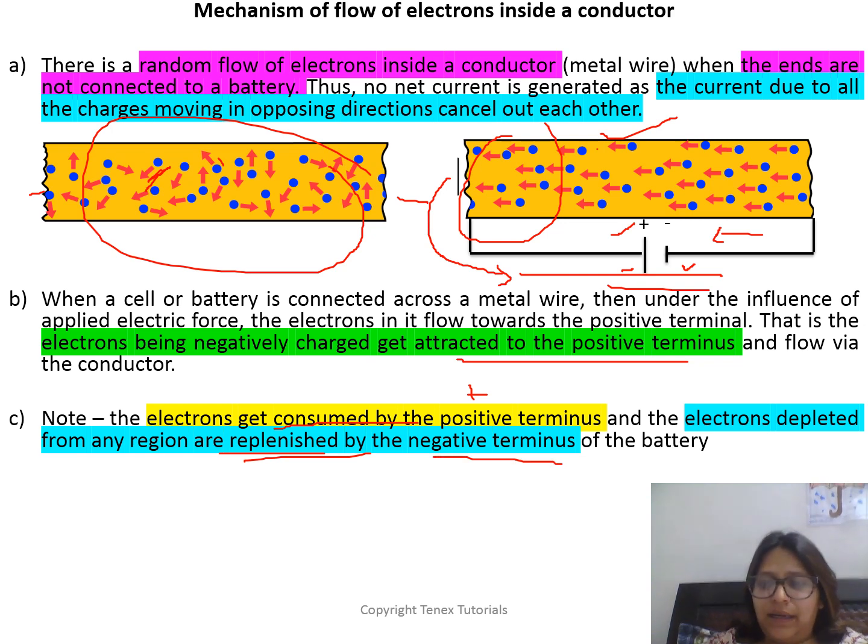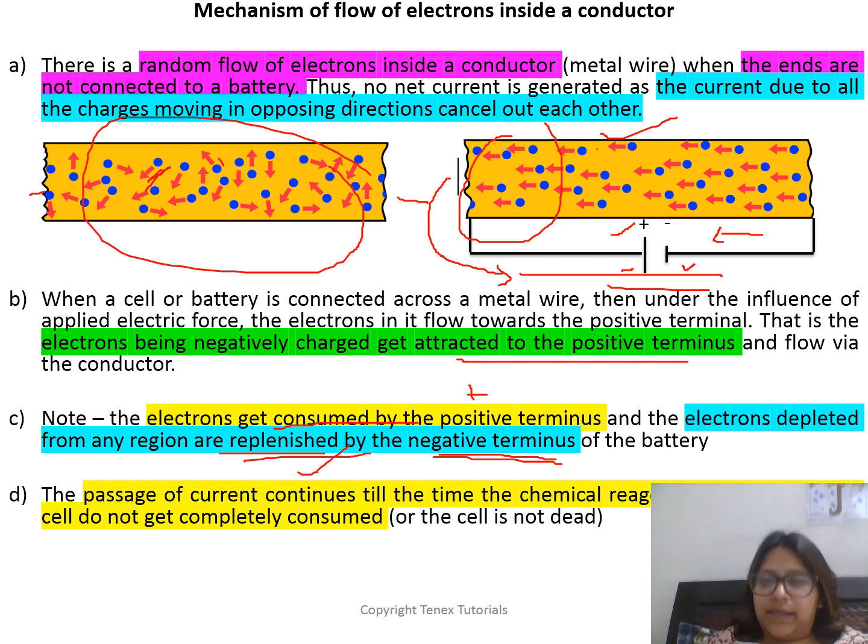The reason is that the negative terminus is showing a reaction wherein many electrons are getting formed, and we know that electrons always flow from higher concentration to lower concentration. So the moment electrons get depleted from any place, they get replenished by the negative terminus of the battery.